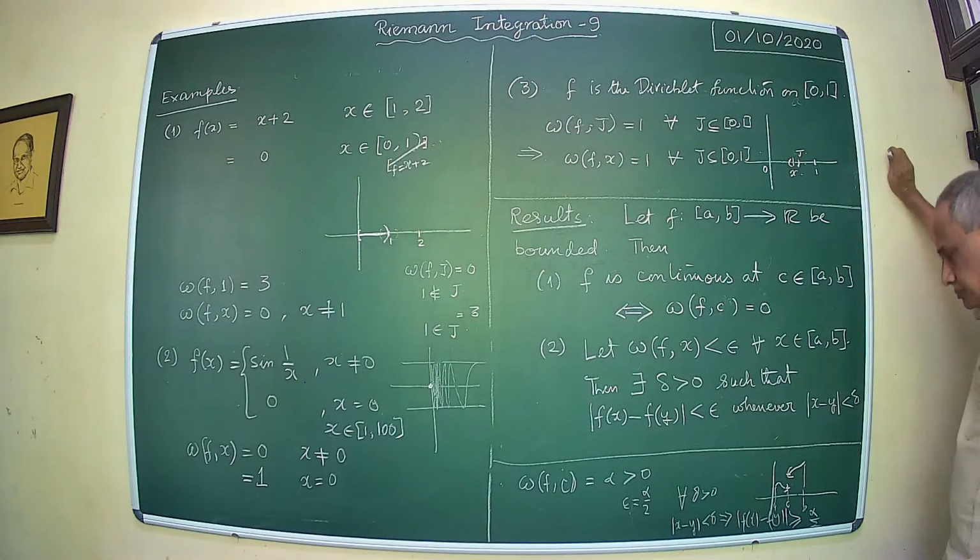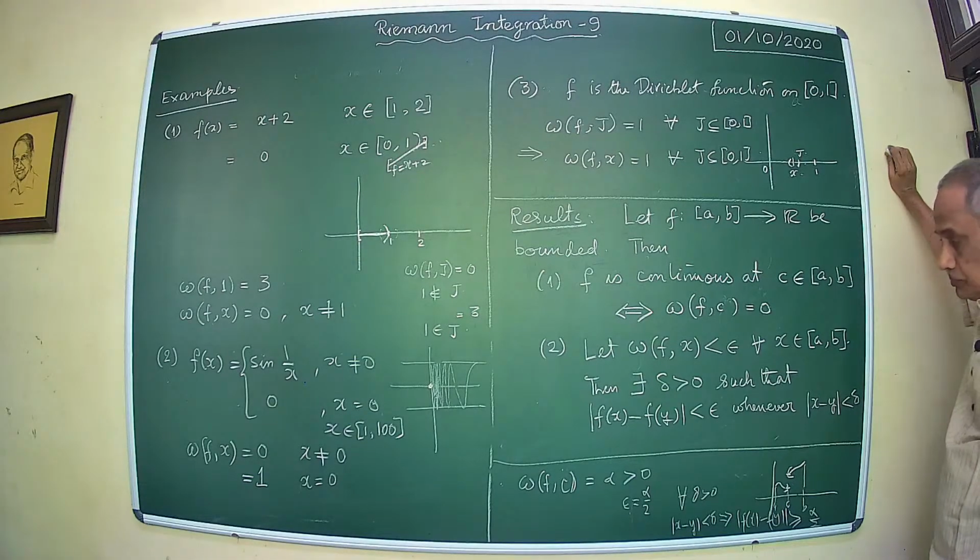That means you can find an epsilon with the property that for all delta, |x minus y| less than delta implies |f(x)| minus |f(y)| is greater than or equal to alpha by 2.